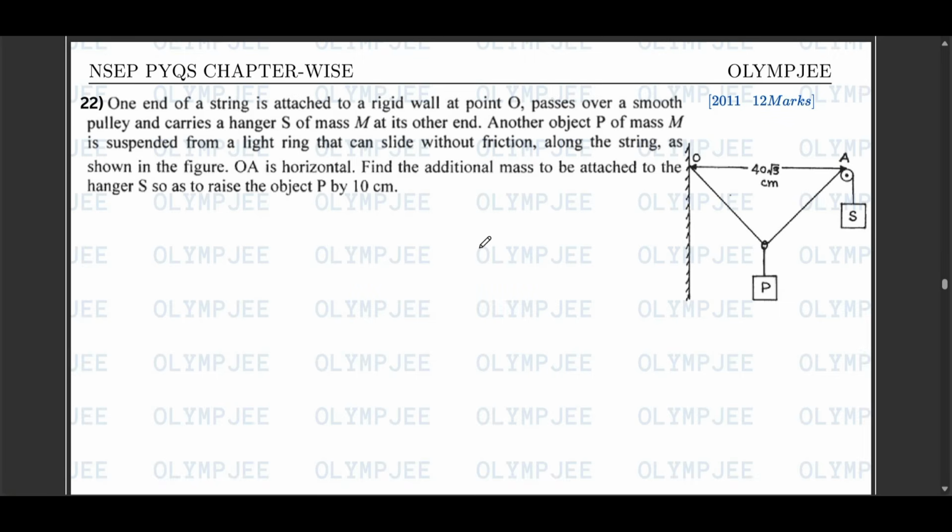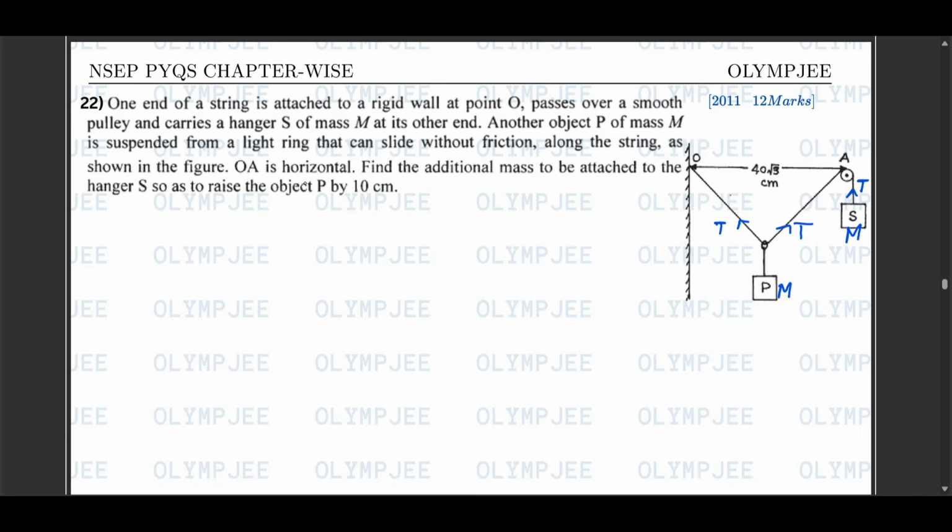Okay. So initially what was happening, that a tension will be acting here and here, and initially the system can be assumed to be in equilibrium. Okay, so tension will be acting upwards also here, and the mass of S is m and this is also m.